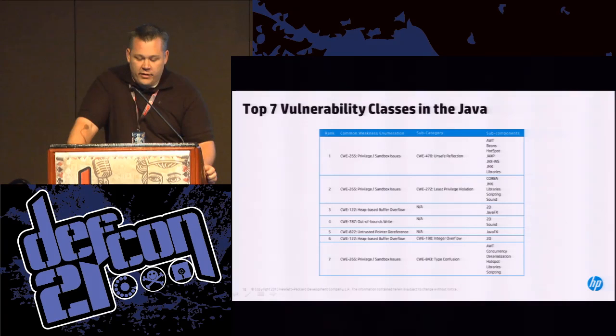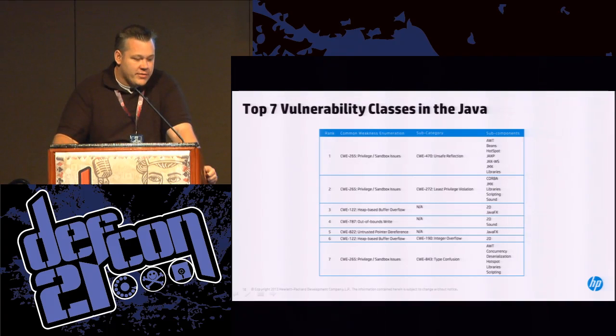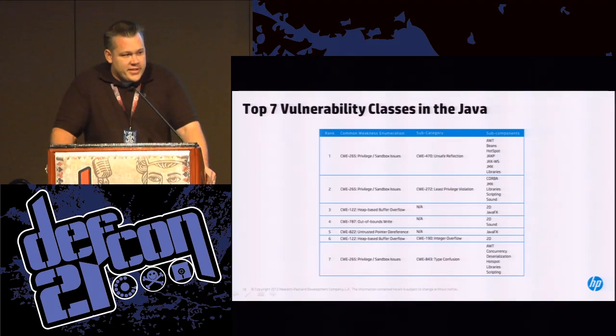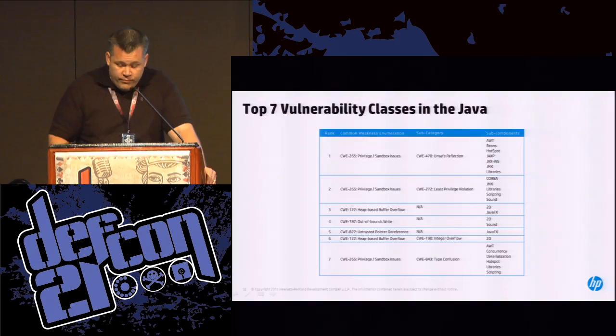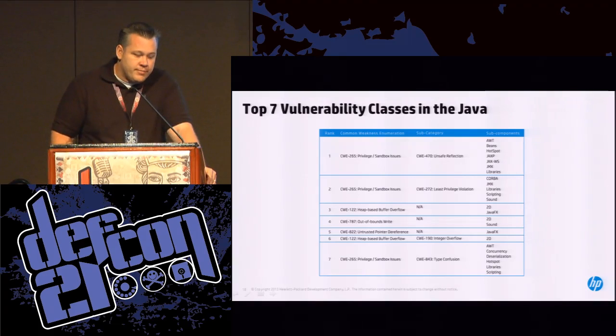Again, like we talked earlier, most of these ended up in the 2D subcomponent, which was heap-based buffer overflows and out-of-bounds writes. The untrusted pointer dereference, which is actually my favorite bug in the Java framework. I don't know why they exist, but they do, and they're quite funny when they happen. Followed by heap-based buffer overflows due to integer overflows, and then type confusion issues.